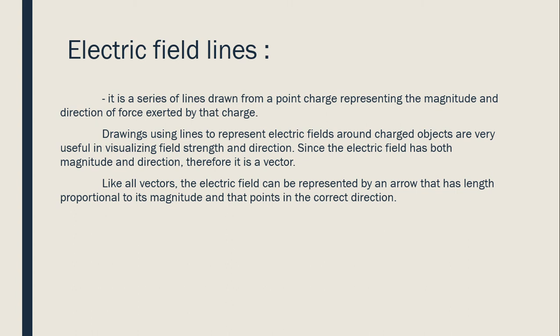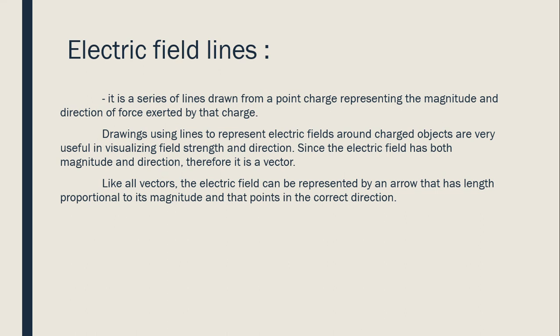So, these electric field lines are drawings. Using lines to represent electric fields around charged objects is very useful in visualizing field strength and direction. Since the electric field has both magnitude and direction, it is a vector quantity. Like all vectors, the electric field can be represented by an arrow that has length proportional to its magnitude and that points in the correct direction.